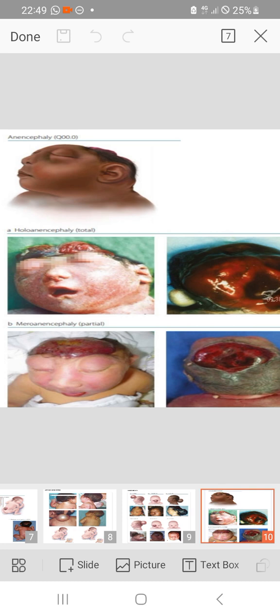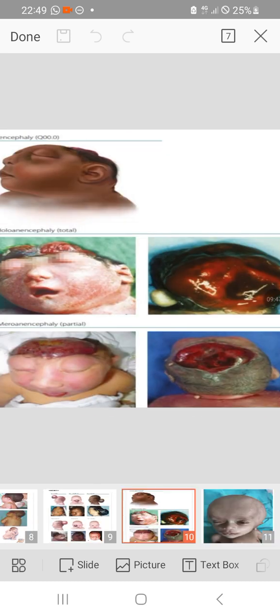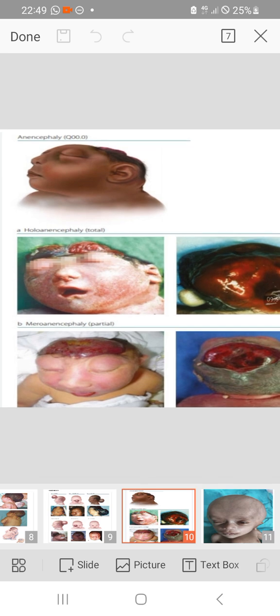They are born still, they do not survive. But for those with the partial one, they may be helped to survive for a short period of time.